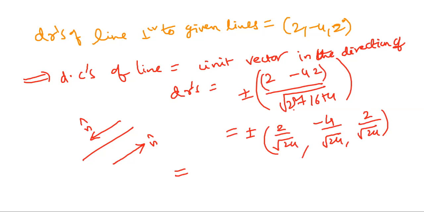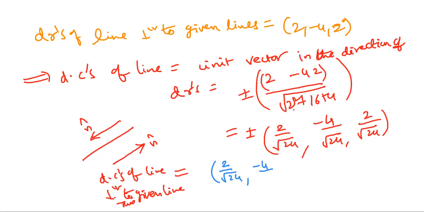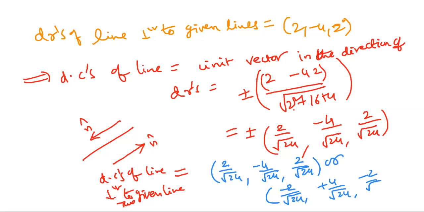So the DCs of the line perpendicular to the given lines are given by either 2 by root 24, minus 4 by root 24, 2 by root 24, you can further simplify, that's okay, or minus 2 by root 24, plus 4 by root 24, minus 2 by root 24. That's all.